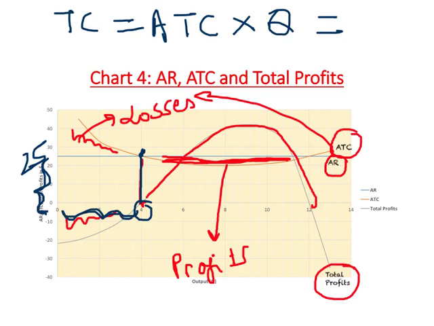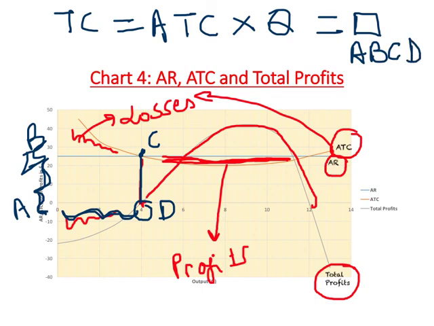When we multiply these two, what we get is total cost of production. So let us label this. Let's call this A, B, C, and D. So what is total cost of production? It will be given by the area of the rectangle A, B, C, D. And in a similar way, you can figure out total revenue. And so based on average curves, you can figure out the total cost and total revenue.